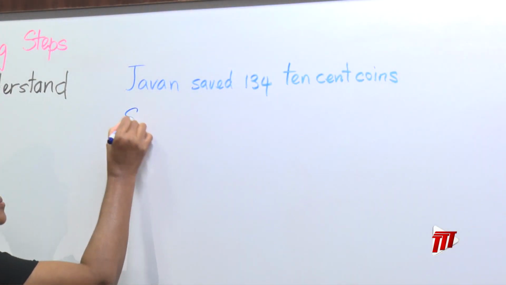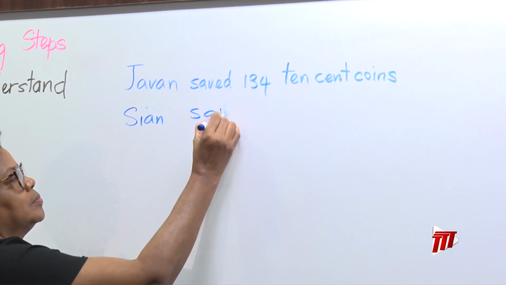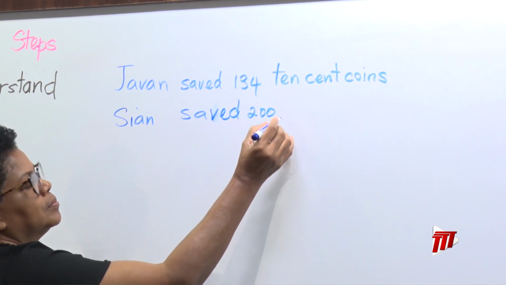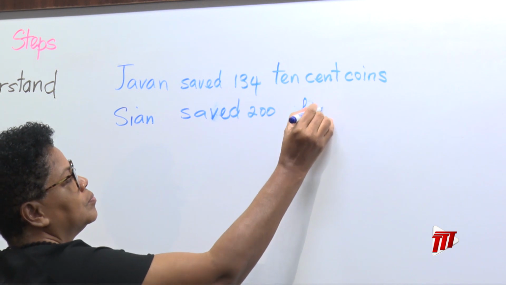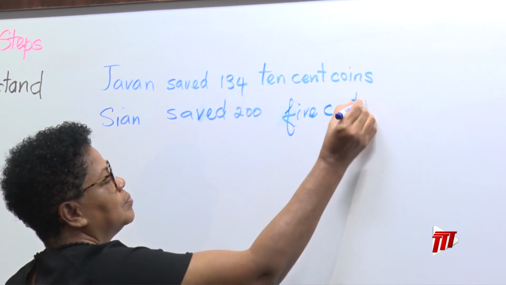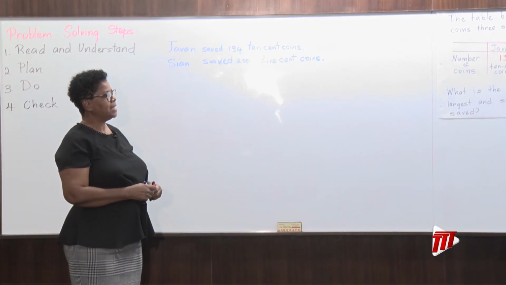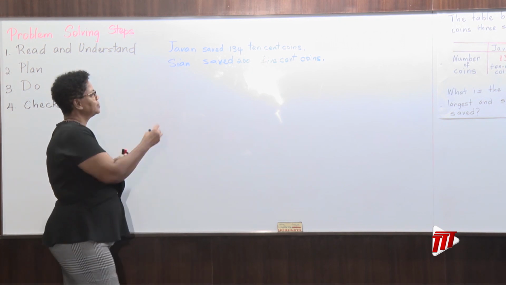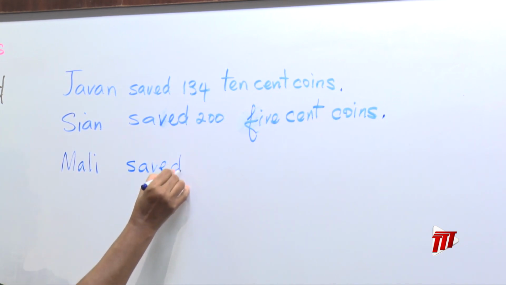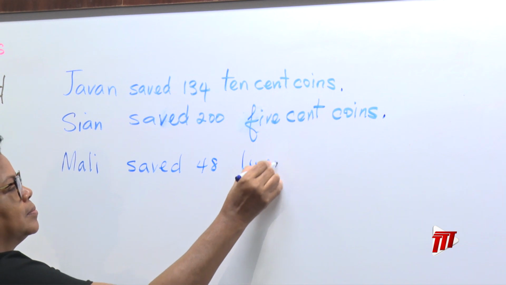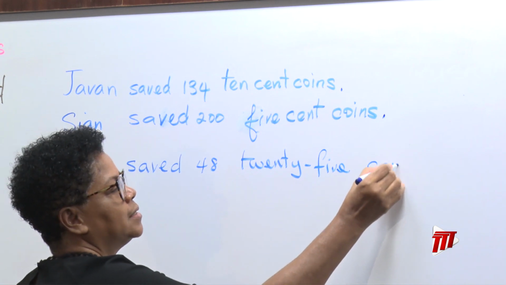That's what we know. We also know that Marley saved 48 25-cent coins.